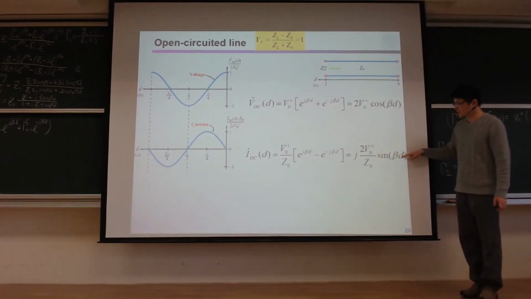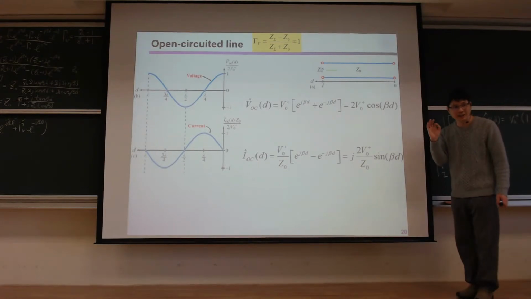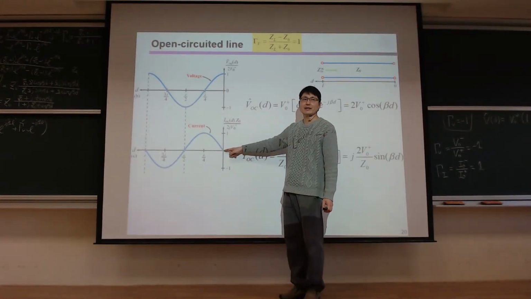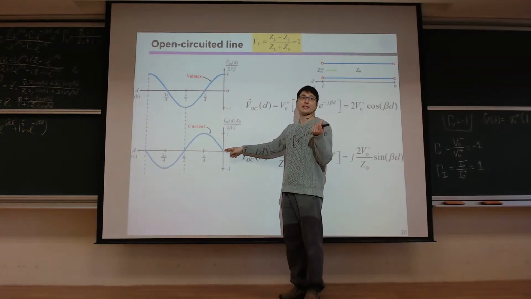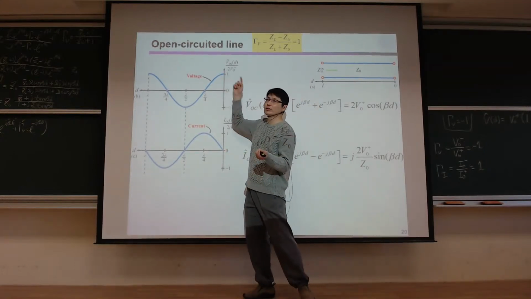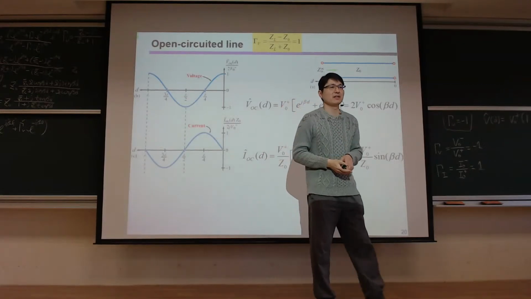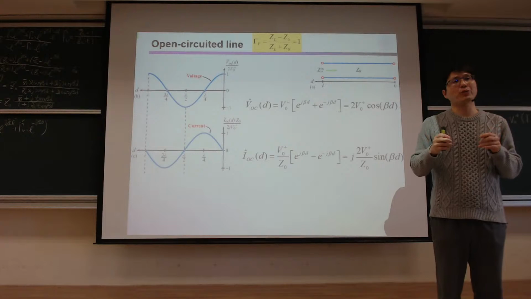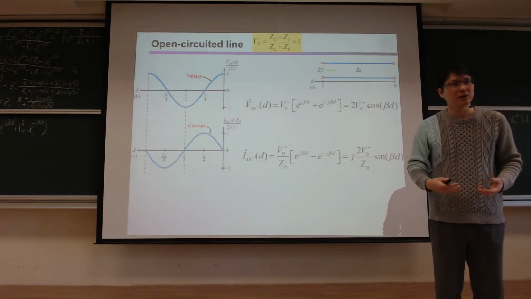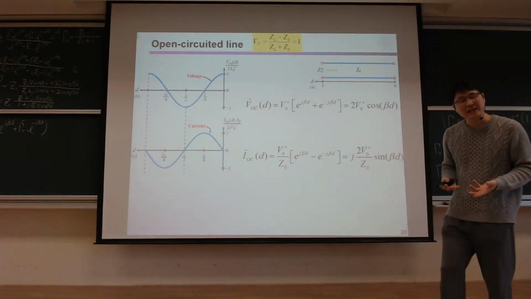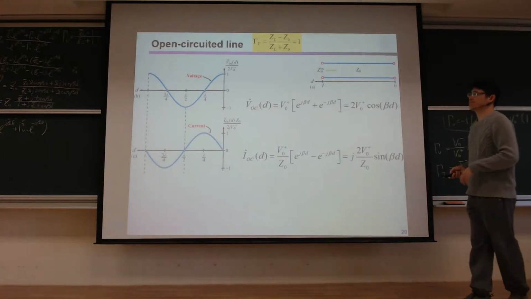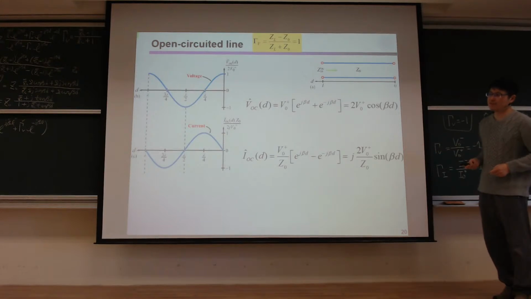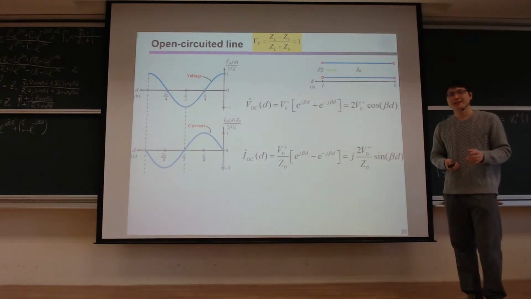So for d equals 0, sine is 0. So indeed, at the open end, you cannot have current, but your voltage has the maximum. Again, remember, this is due to the fact that we're studying standing waves.